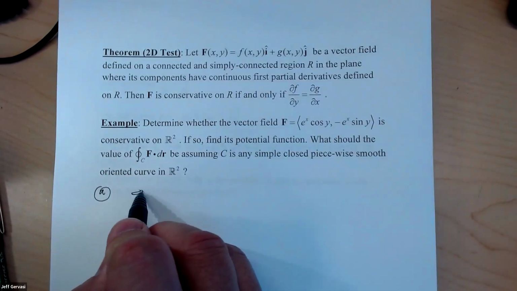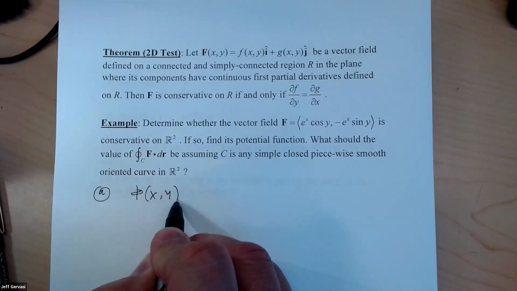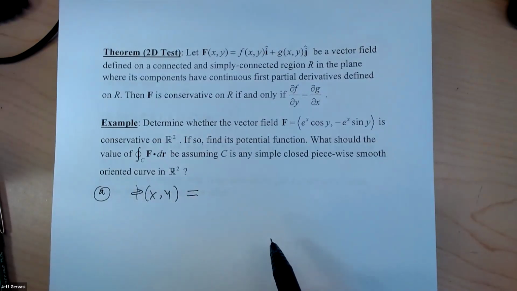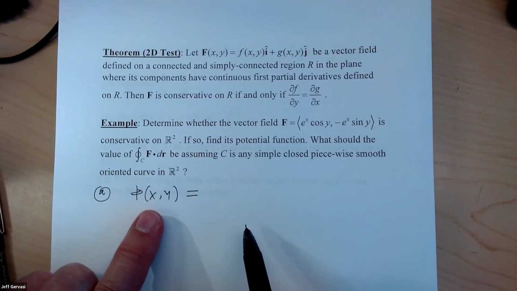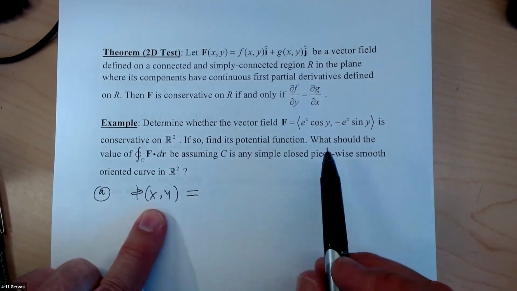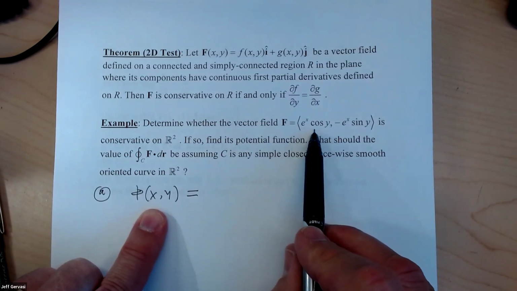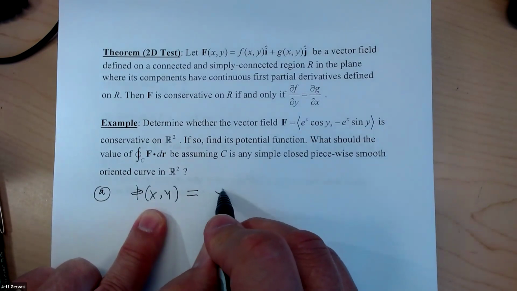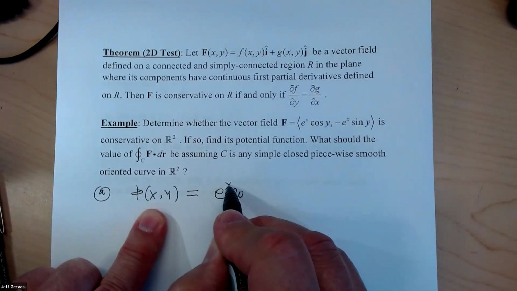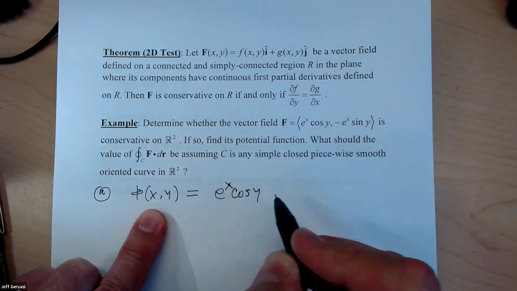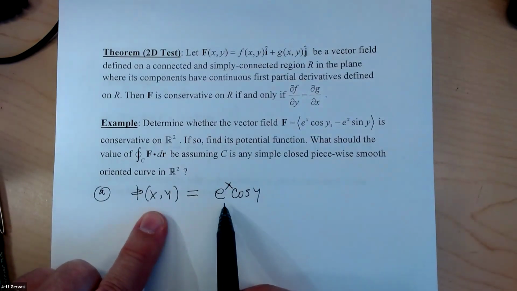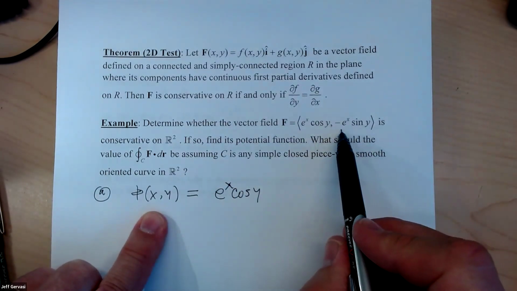What is it? Remember now, I need a function whose derivative with respect to x is equal to e to the x cosine y. Think antiderivative now. Yeah, good. e to the x cosine y. Now, is the derivative of this with respect to y equal to the second component?